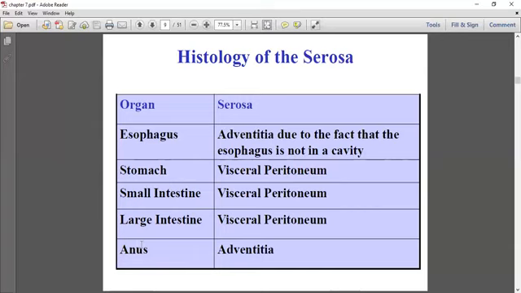Anus, the outer tissue layer is adventitia like esophagus, no serosa, no simple squamous epithelium.